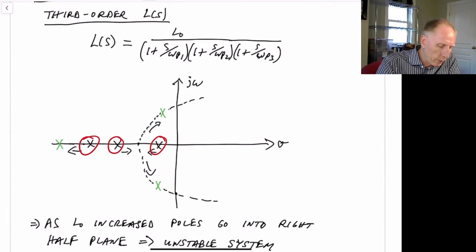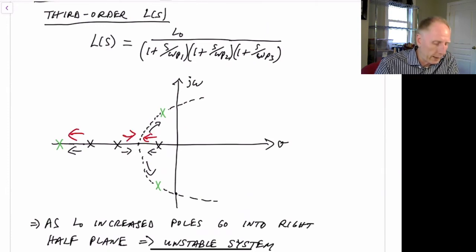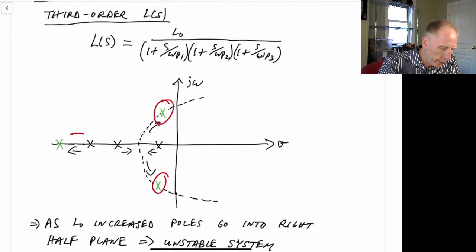But as you increase L naught, these two poles move together, and this pole moves to the left. And then they could split and come out across here, and this would just keep going to the left this way. So as L naught increases, you could end up with these three poles over here.